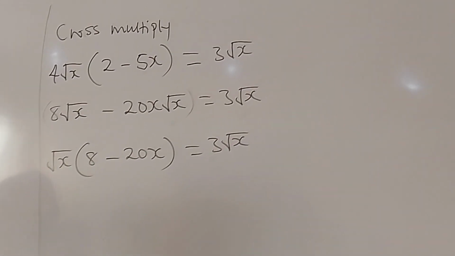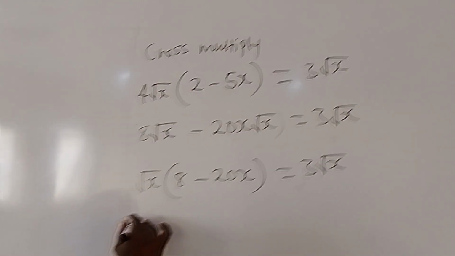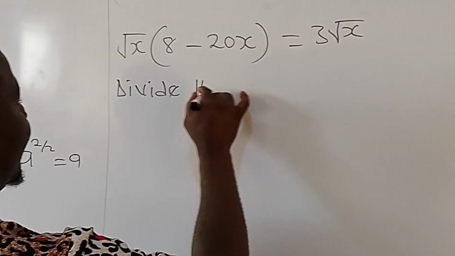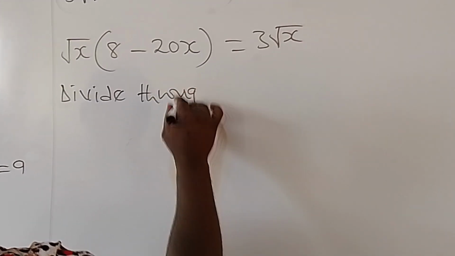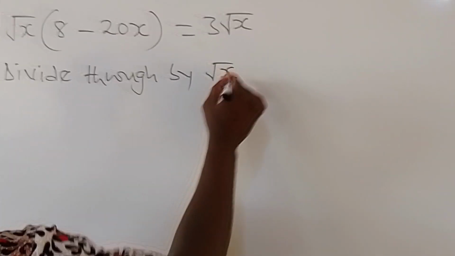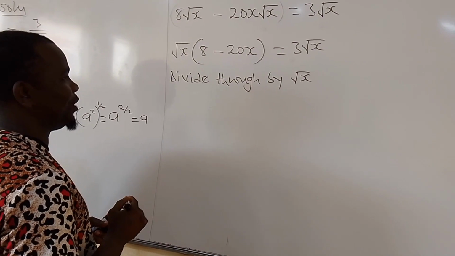Okay. So what we need to do here is to divide through by root x. This is how we are going to do it.